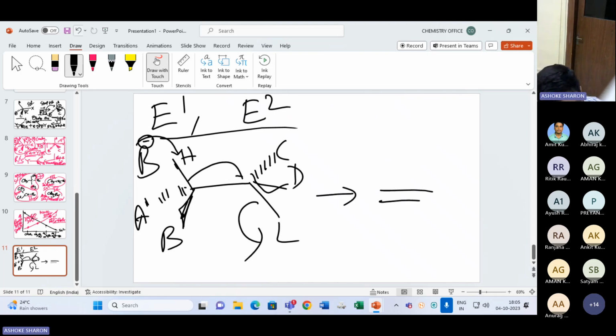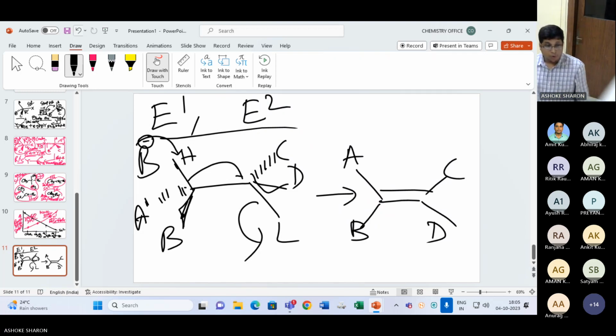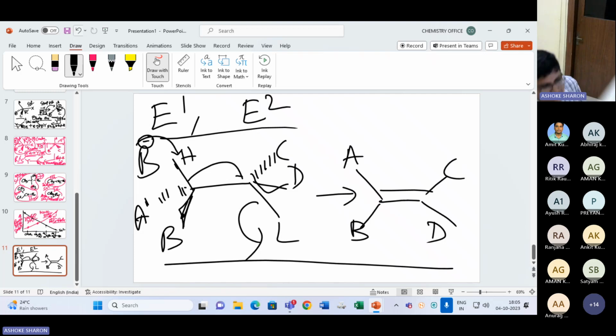You will get a double bond like this. Whatever dotted line follows the same side, the bold line stays on the other side. Clear? Why is this a unimolecular reaction? Unimolecular reaction means the leaving group will be removed first and a carbocation will be formed. That will be the RDS step. I will explain in another slide.